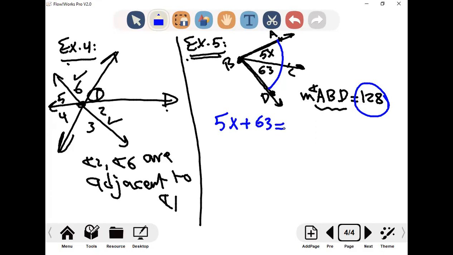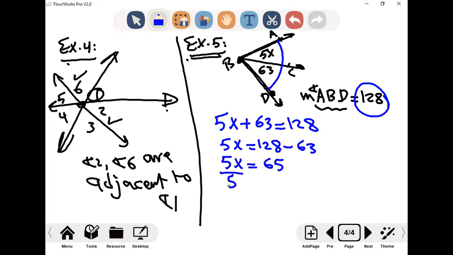ABD, right? Which is a two-step equation. Solve. 5x equals 128 minus 63, 5x equals 65, divide by 5, divide by 5, x will be 13. Do you understand that? Good. This is example 5.